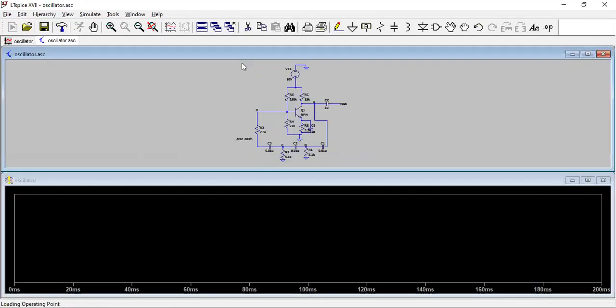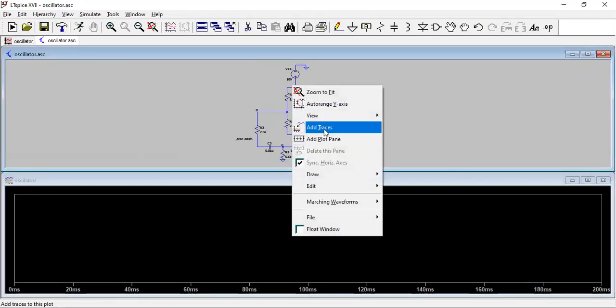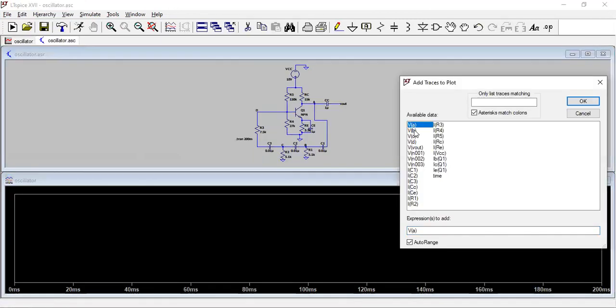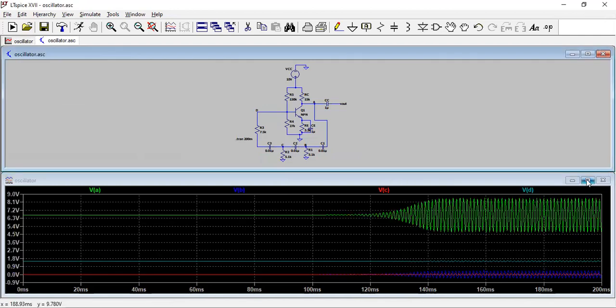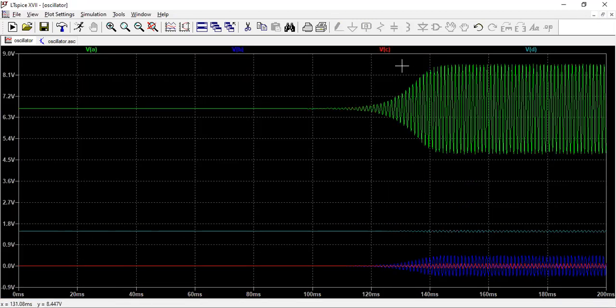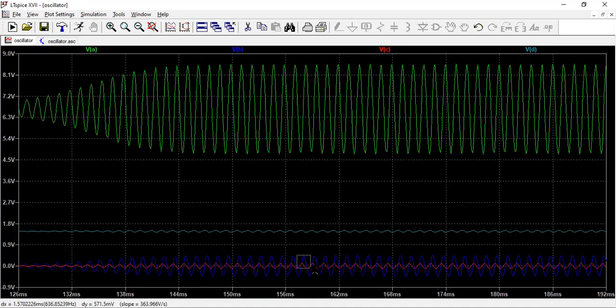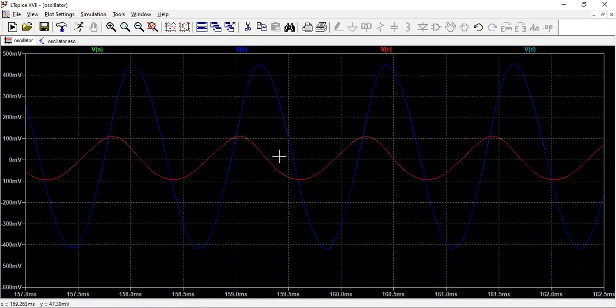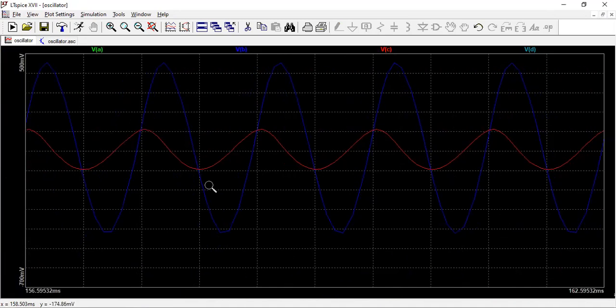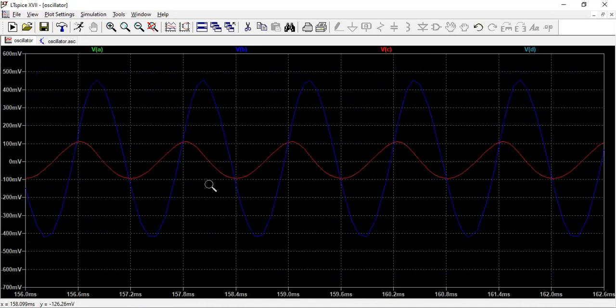Run the simulation, right click, add traces, A, B, OK. Now you want to see just this phase shift of 60 degrees.